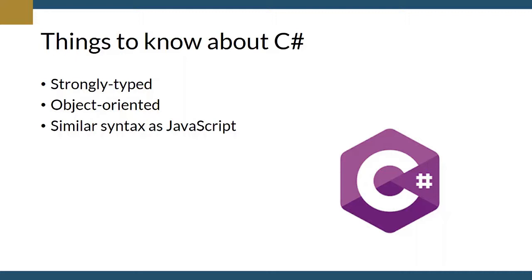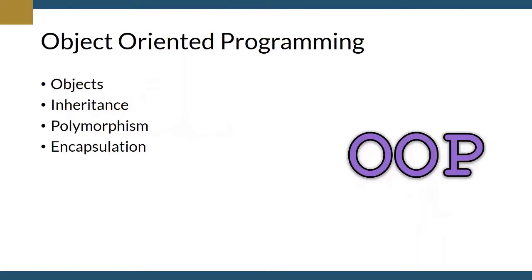You know how to write a for loop in JavaScript, you know how to write if-else statements, you know how to do all of that in C# already. So if you've already done some programming, picking up the C# syntax isn't going to be that hard for you.